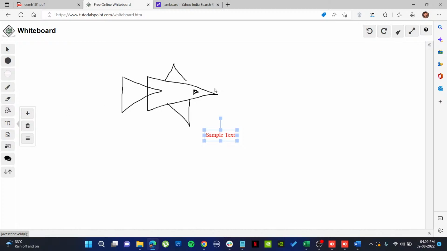Let me tell you how. 30 centimeter in this way. Here 30 is representing its length and centimeter is representing its unit. Okay?